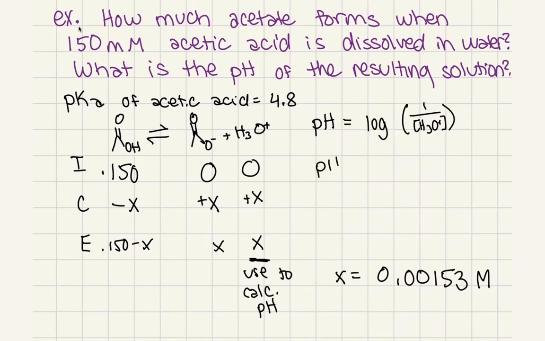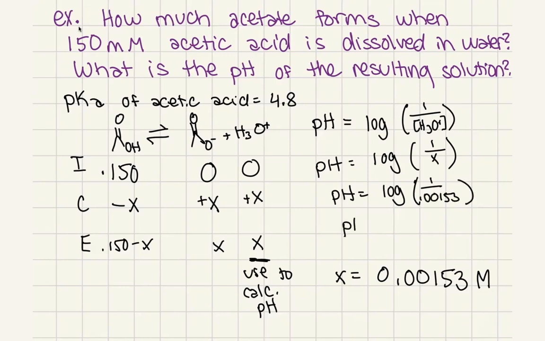So our pH is going to be equal to log of 1 over X, which is the same as saying 1 over 0.00153. And if you plug this in, then you get that your pH is going to be equal to 2.82. So our pH is going to be 2.82.